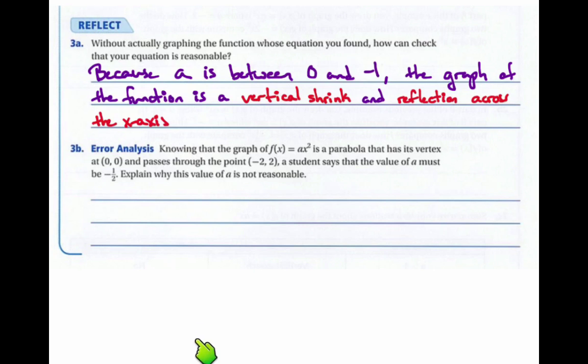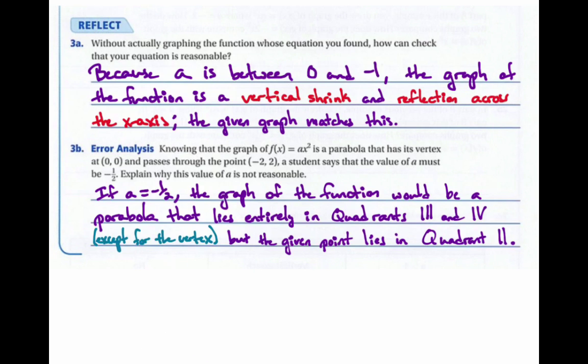It's only going to hit quadrants 3 and 4. And so if a equals -1/2, the graph of the function would be a parabola that lies entirely in quadrants 3 and 4, all below the x-axis except for the vertex. But the given point, that point that we're testing, lies in quadrant 2. So that means that a cannot be -1/2 if that is a point.